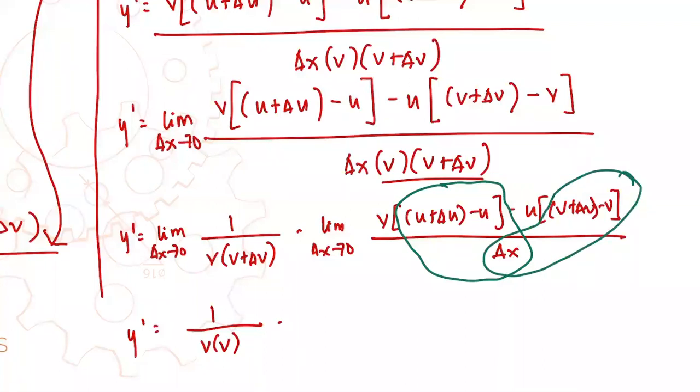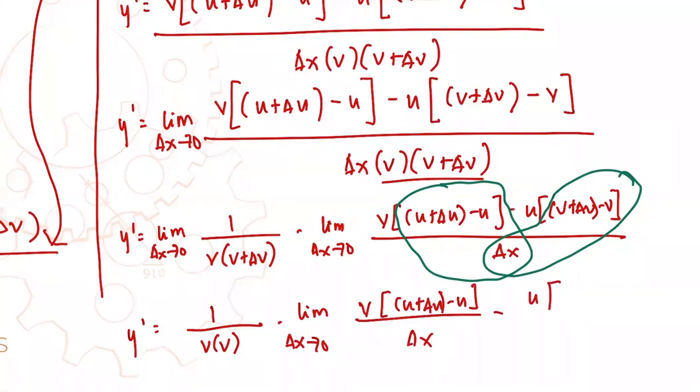Kasi di ba pwede natin pag-iwalayin yung denominator niyan. So pwede siyang maging limit of delta x approaching 0 of v times u plus delta u minus u over delta x, minus u times v plus delta v minus v all over delta x.